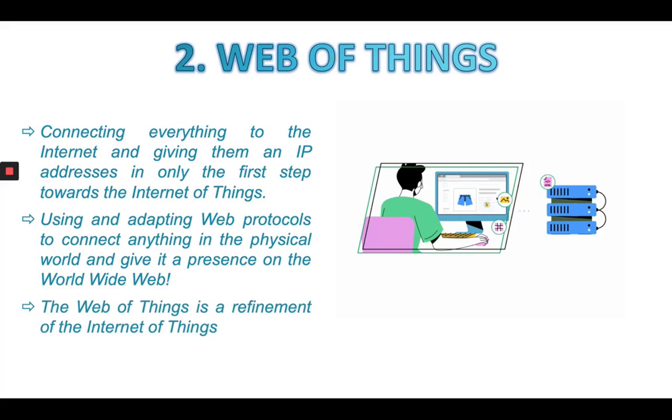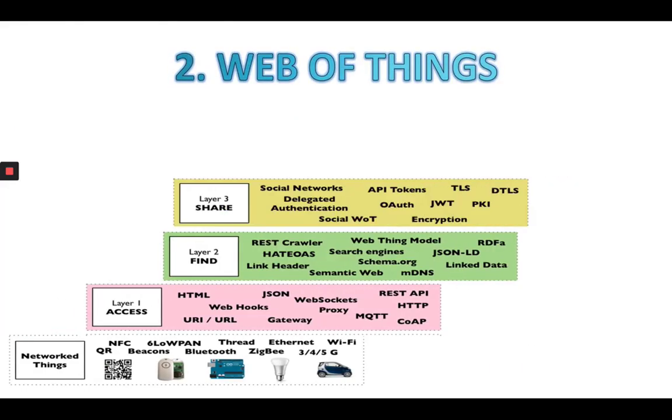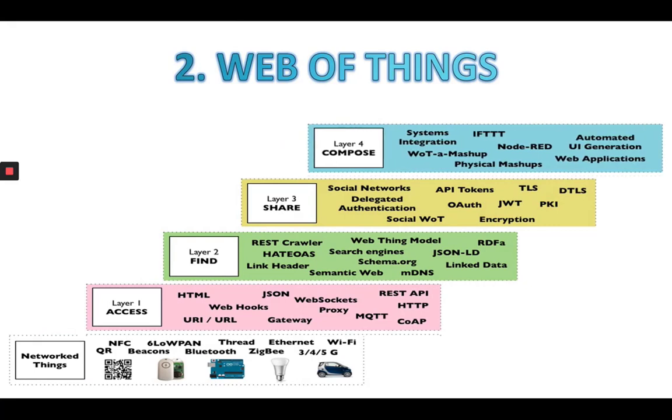So we move to the architecture of the web of things, and in the first layer we have HTTP, JSON, REST API.